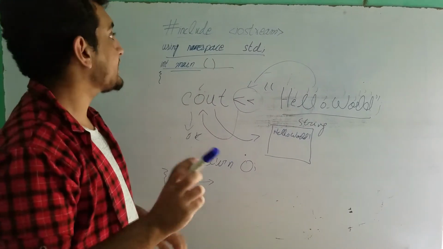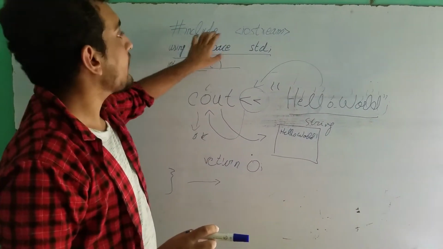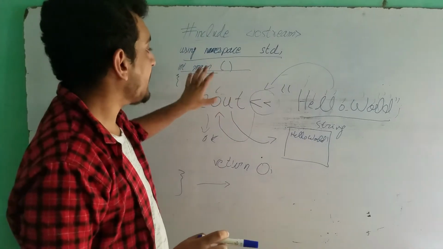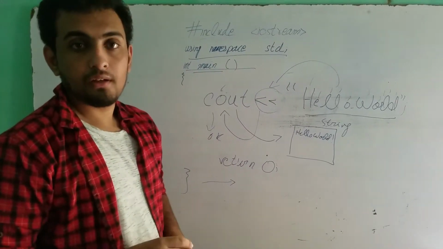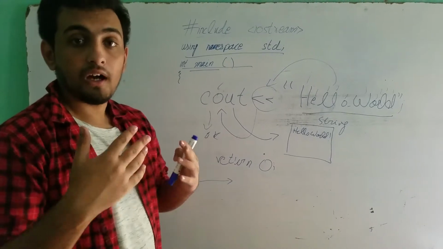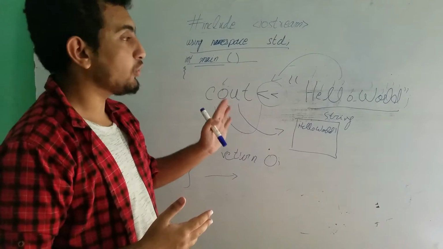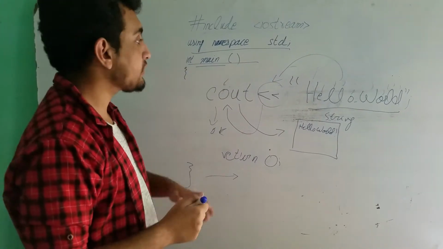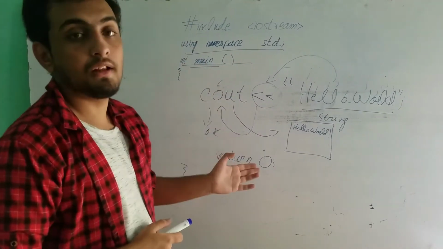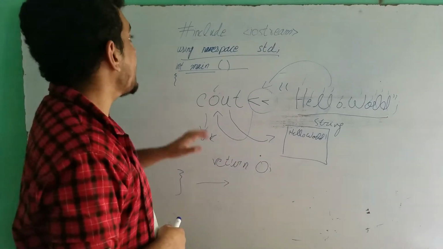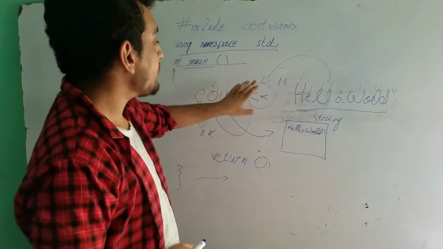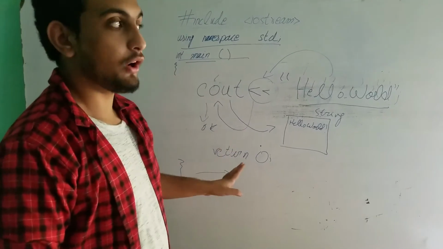It only recognizes include, iostream, namespace, std, int main in lowercase. So in order to make it understandable by C++, we have to write all the things in lowercase.